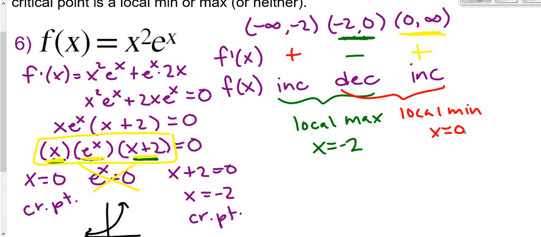So the method that I'm using to assert that conclusion is called the first derivative test. So you could say, according to the first derivative test, we have a local maximum at negative 2, a local minimum at 0, because the first derivative test just means you're going to see if you have a sign change in your derivative from positive to negative or negative to positive.